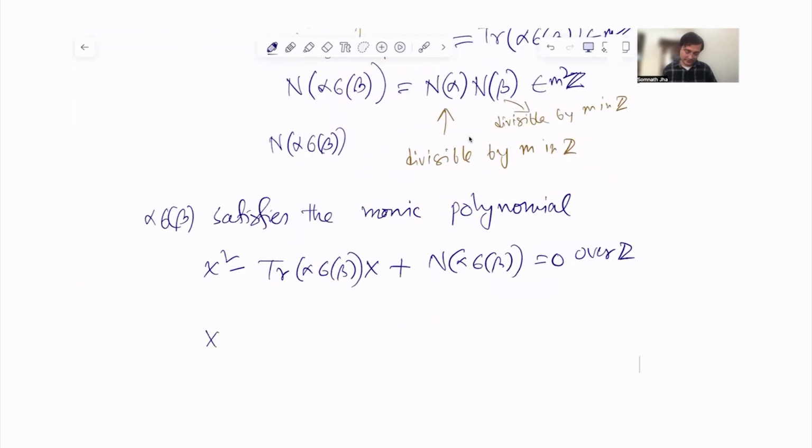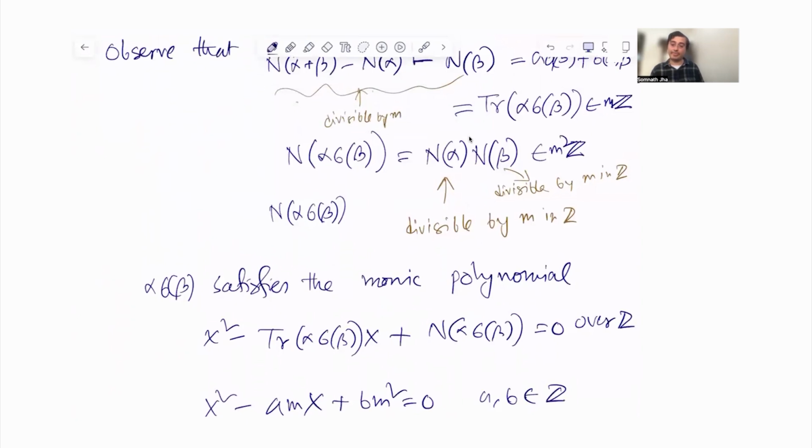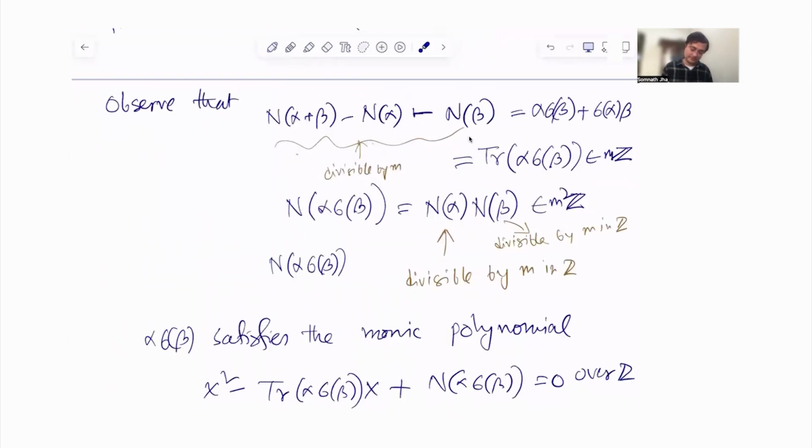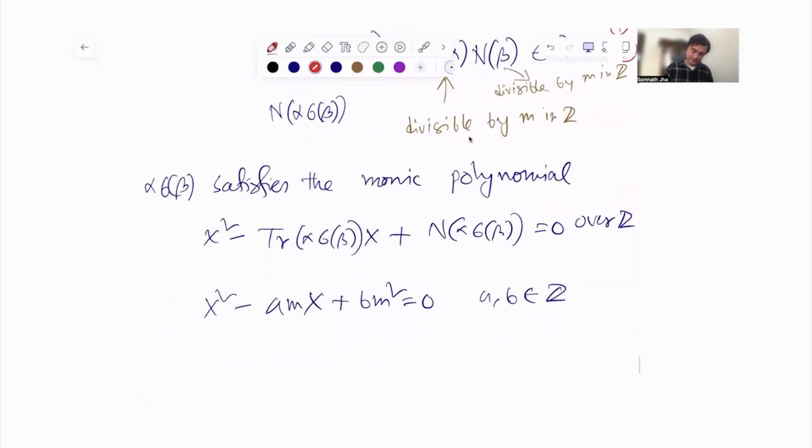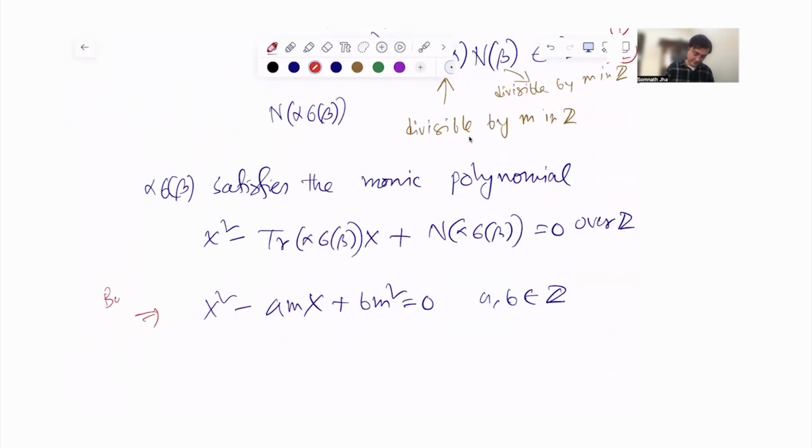Now you put it, so x squared minus some a times m x plus b m squared equal to 0, and a, b belong to Z, because this is a multiple of m and this is a multiple of m squared. So we can give it a name. We call this 1, this called 2.